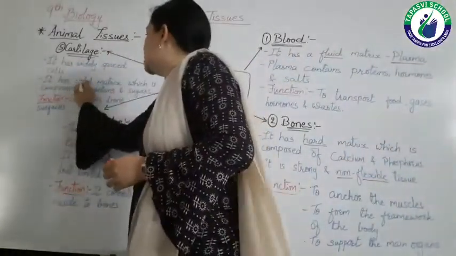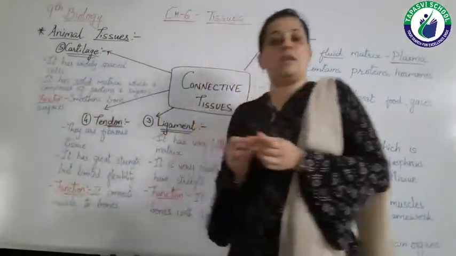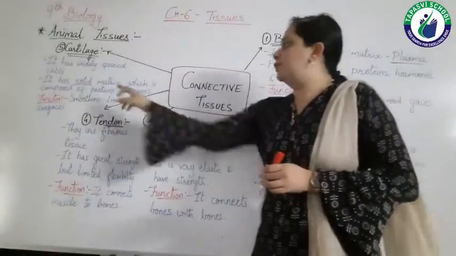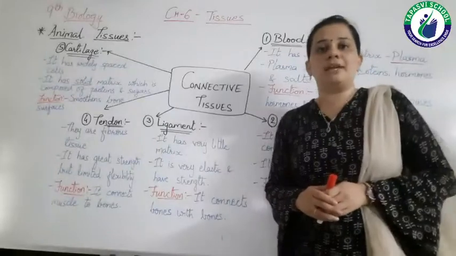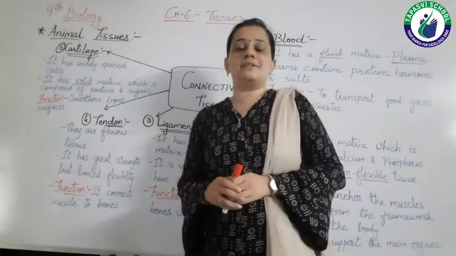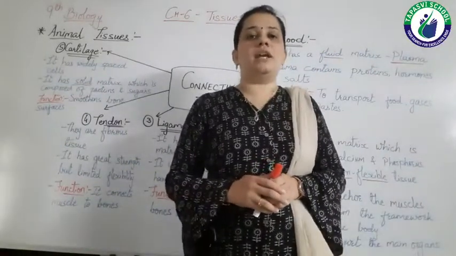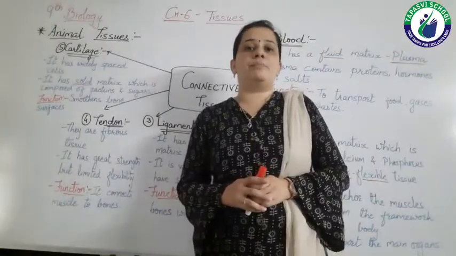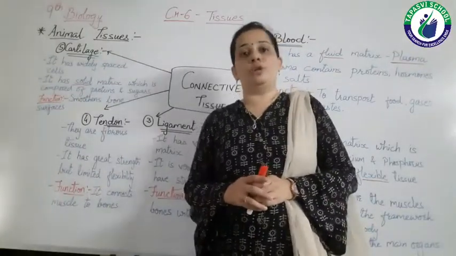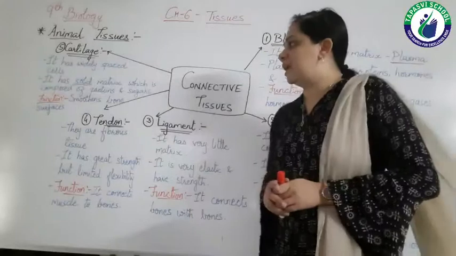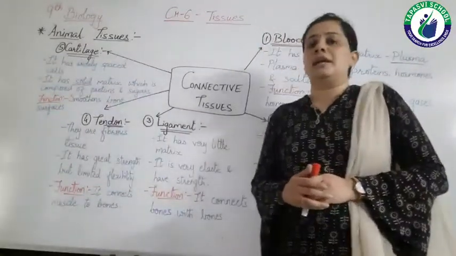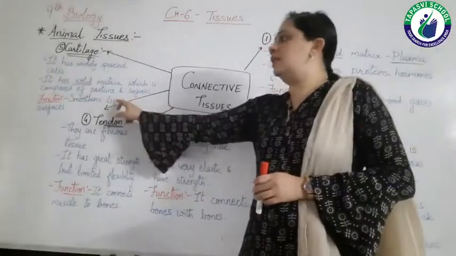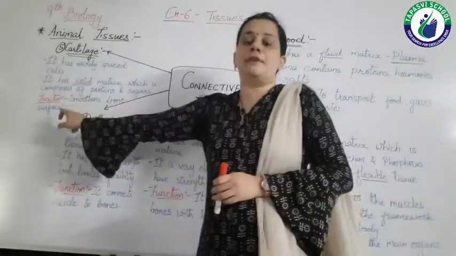It has a solid matrix which is composed of proteins and sugars. So the matrix inside the cartilage is made up of proteins and sugars. What is the function of cartilage? It smoothens the bone's surface.